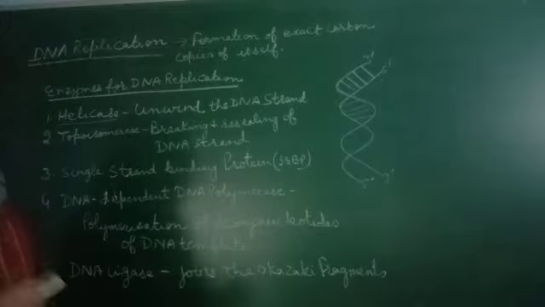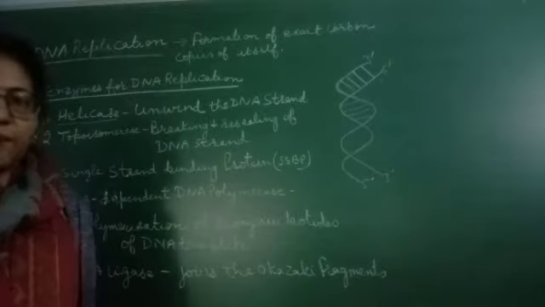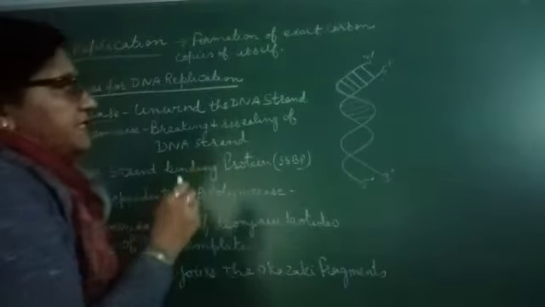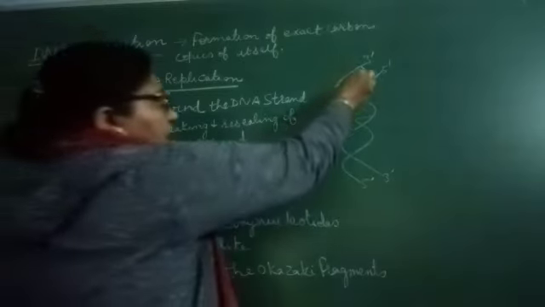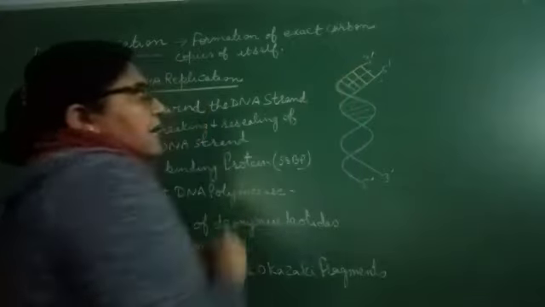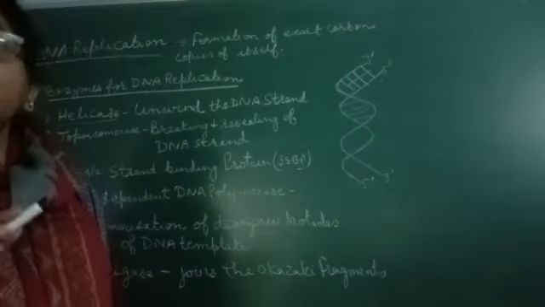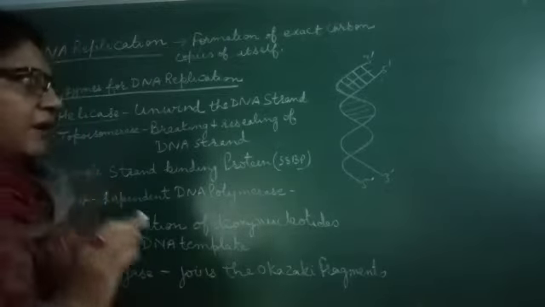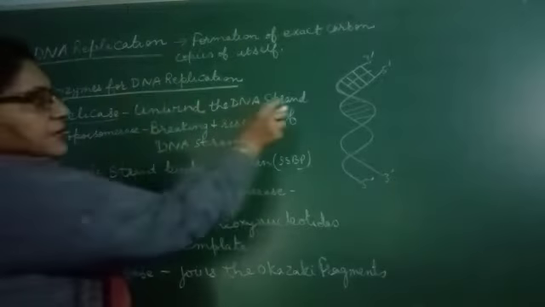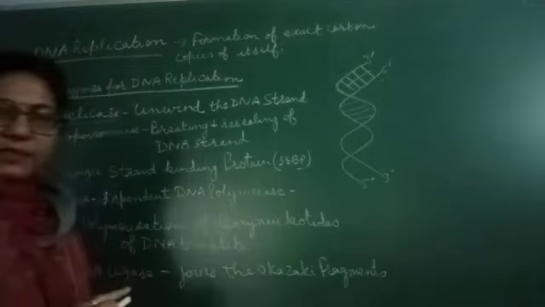What is the function of helicase? It helps in unwinding and breaking of the hydrogen bonds present between the nucleotides, or you can say the nitrogen bases. How? As we know, the DNA is a double helical structure.